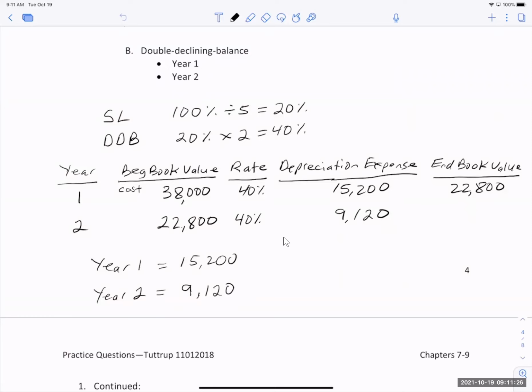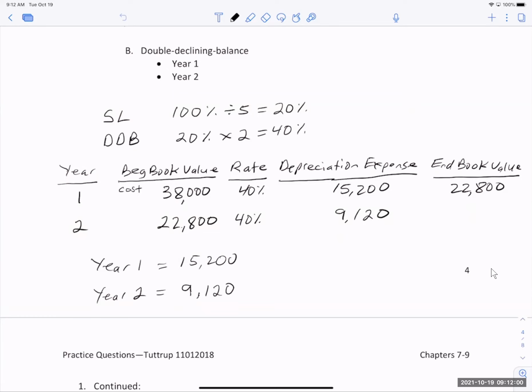Now, one thing that this illustration here doesn't show you is that you can never go below salvage value. So let's say that you're in year 5, you've done this for year 1, year 2, year 3, year 4, and year 5. But when you do it, if you do the full amount, the ending book value will go below the salvage value.